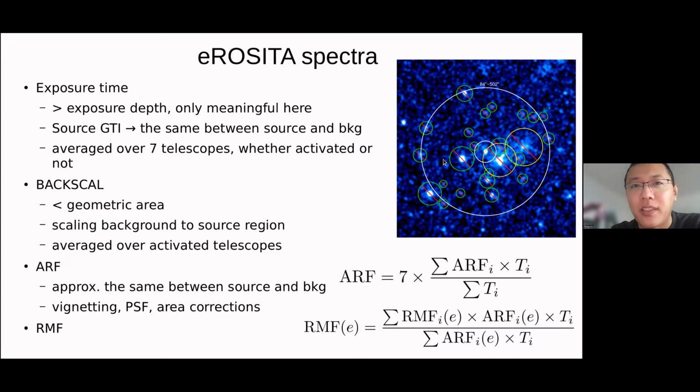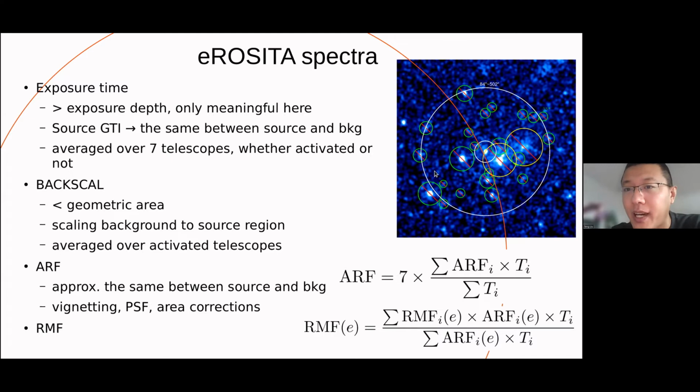Basically, the eROSITA spectra are the same as those of XMM-Newton or Chandra, but we need to pay attention to the fact that in the scanning mode, the extraction region is not always in the field of view. Instead, it moves across the field of view.